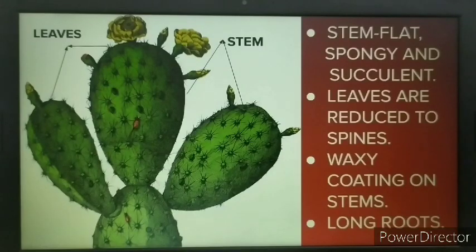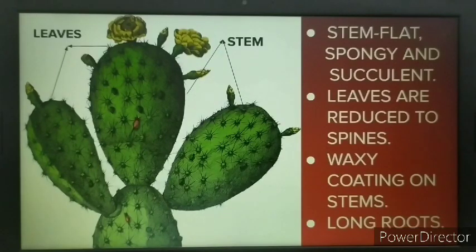Then the leaves are reduced to spines. As you can see in the module, the leaves are converted into needle-shaped structures. This is called a spine. Again, what is the use of these spines? The spines help to reduce water loss through transpiration.